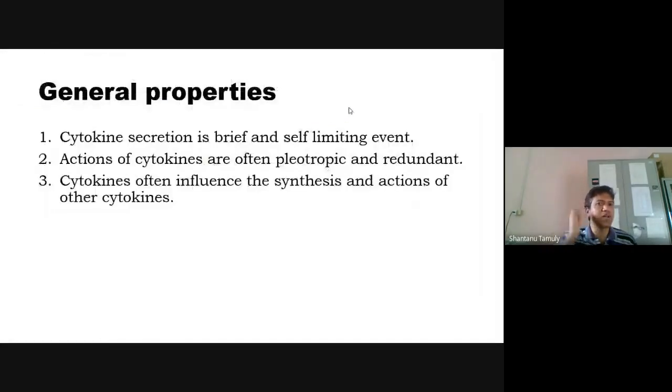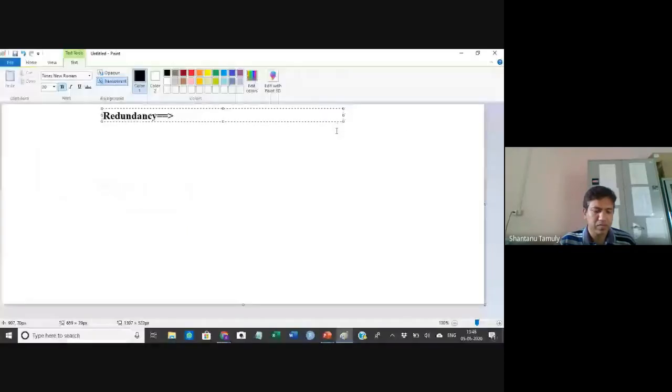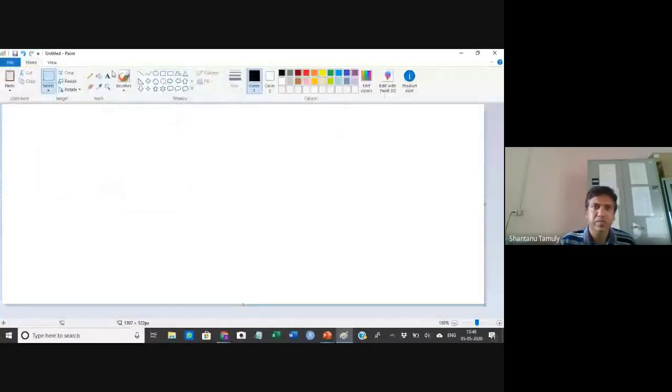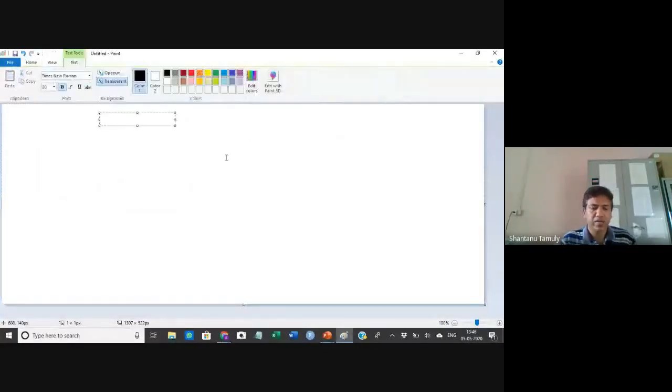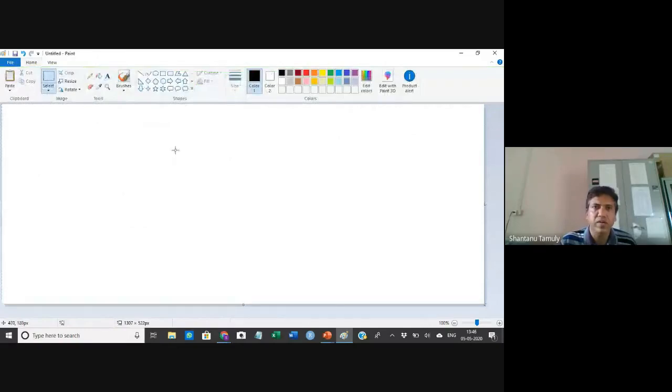Then cytokines often influence the synthesis and action of other cytokines. So the majority of the cytokines act in cascade. Cascade means something like this. Let me draw. Say this is one cytokine, which is activated.